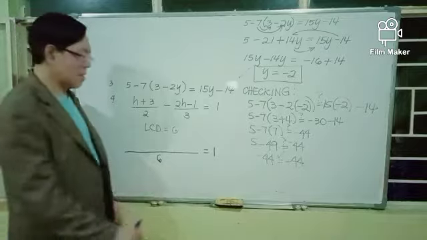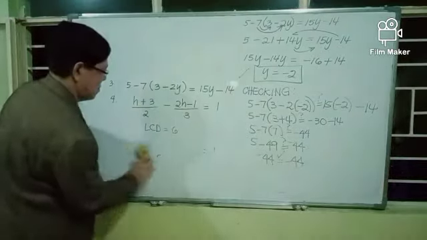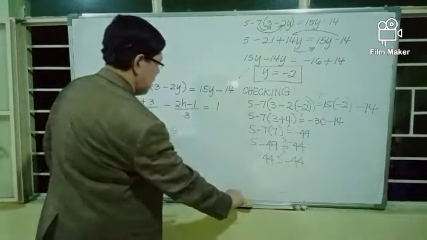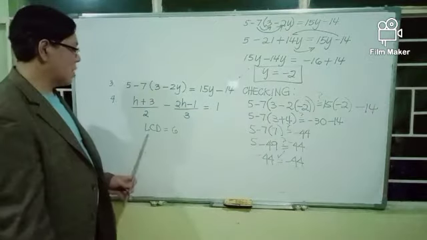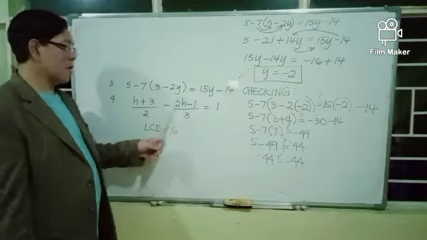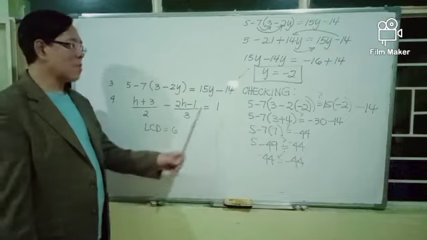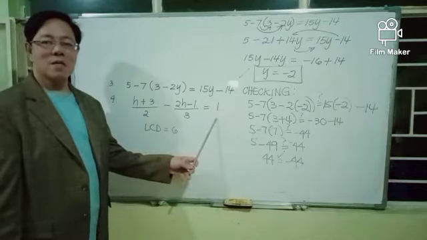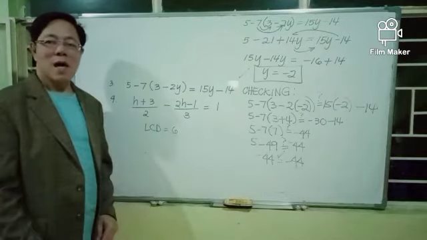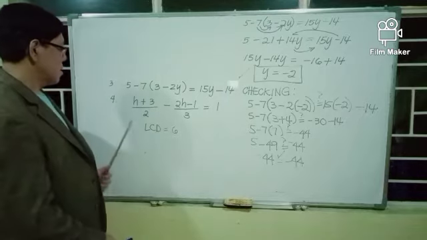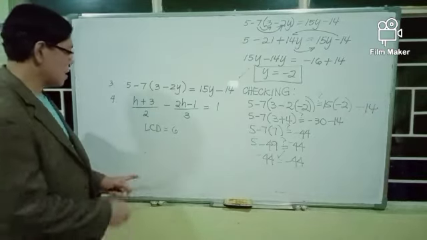Let's do that instead. After you get the lowest common denominator, multiply the left hand side by the LCD and multiply the right hand side by the LCD as we did in example 2. So the LCD is 6.